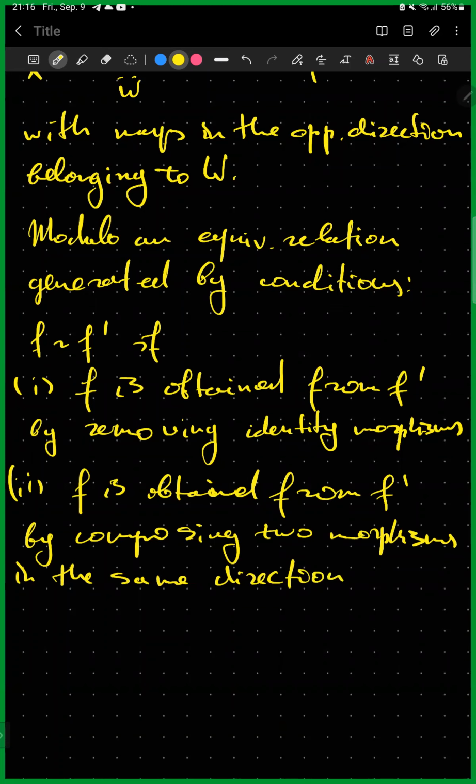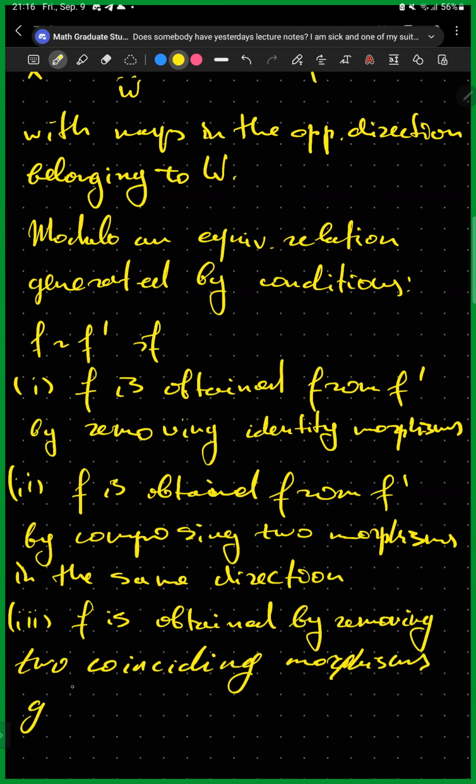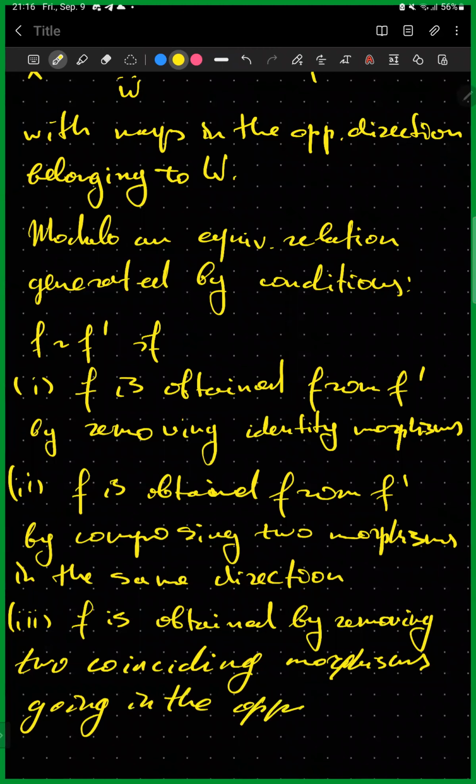And finally, F is obtained by removing two coinciding morphisms going in the opposite direction.